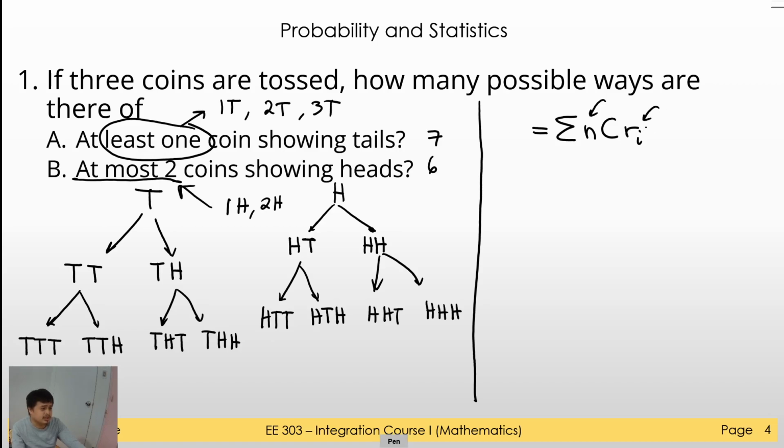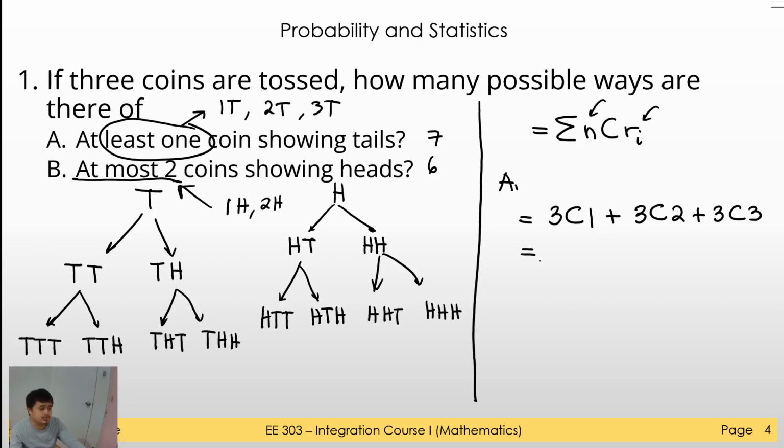If we want to observe exactly 3 tails, this should be 3. So for A, this will be equal to 3 coins, combination of 1 tail, plus 3 coins, combination of 2 tails, plus 3 coins, combination of 3 tails.